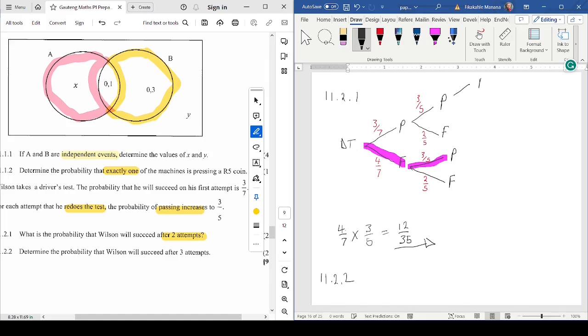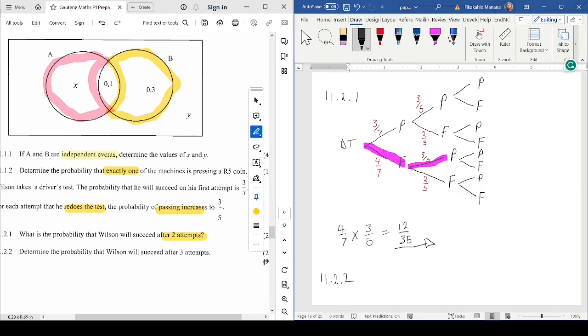It's a pass once again, and we've got a fail. Even here, we've got a pass and a fail. Even for this one, and this one, we've got a pass and a fail. Now, remember the English. The English says for each attempt that he retakes the test, the probability of passing increases.